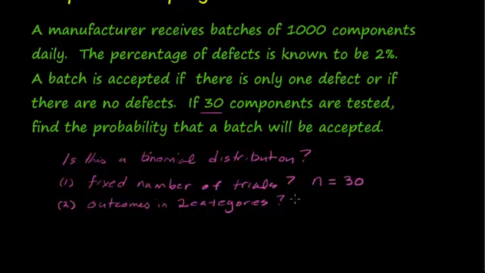So yes, they are defective or not defective. Another way you could say this is reject or accept, but they've used the term defects, so I'll just say defective or not defective.